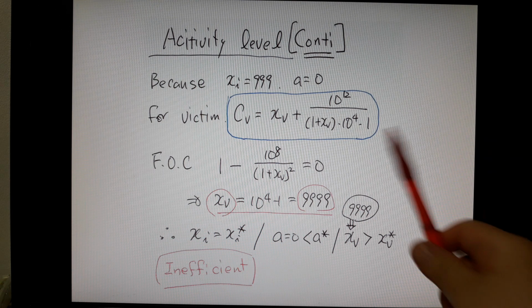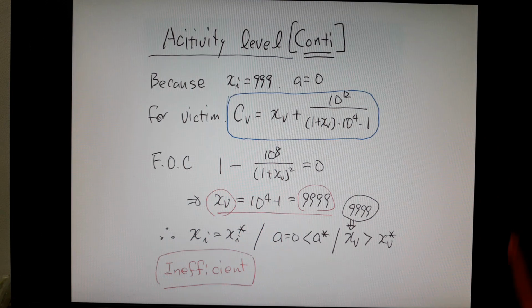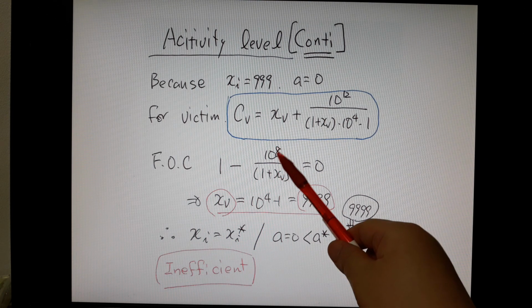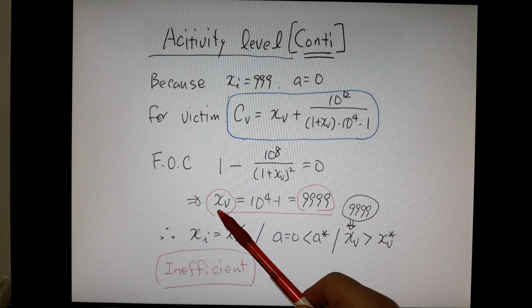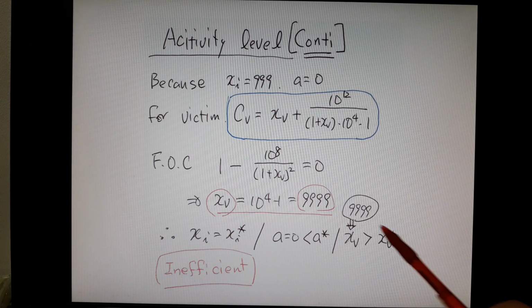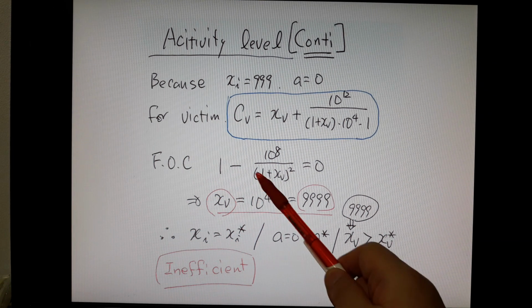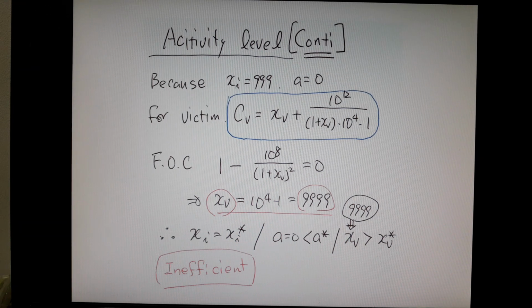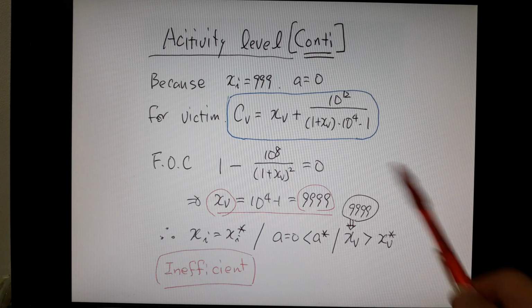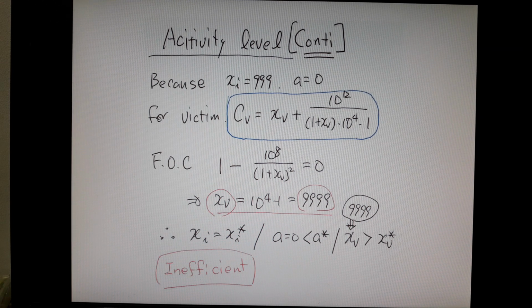Okay, let's continue. Because it is 10 power by 3, this should be 10 power by 9 instead of 10 power by 8. So xv would be a little bit different, root 2, something like that. Yeah, sorry about this. So it's not 999, but maybe a little bit half of that.